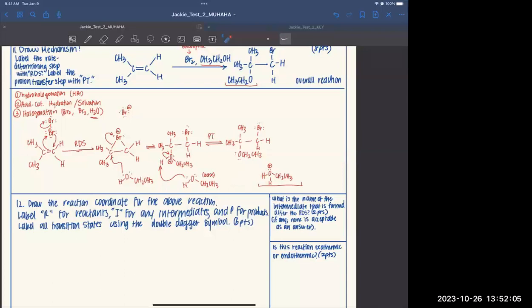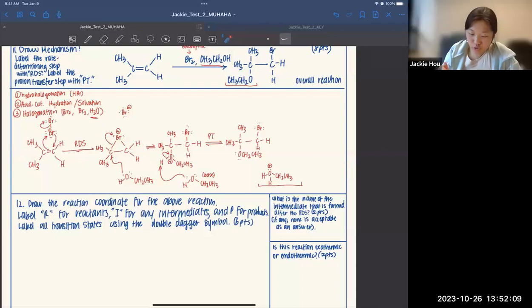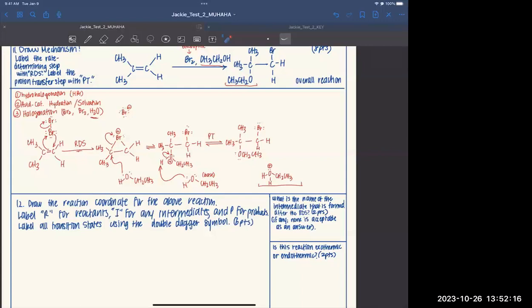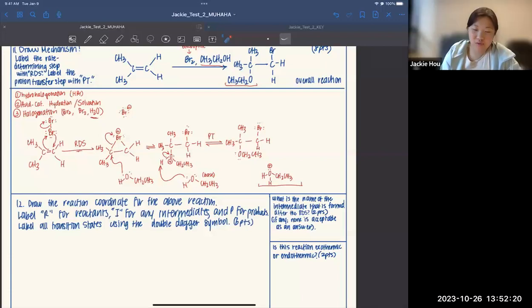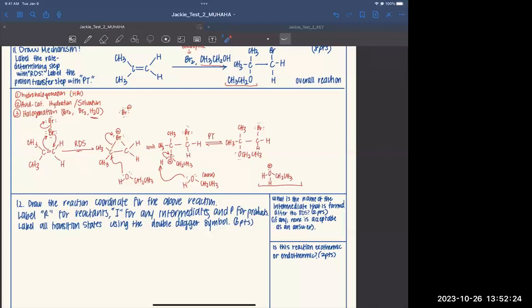Okay, so we don't need to put a plus or anything or put it in brackets? You don't put it in brackets, but you have to have the plus sign because that's just the formal charge of that oxygen. Okay, sorry, I meant an addition plus, not a charge plus. Yeah, you don't have to use that addition. Okay. All right, thank you.